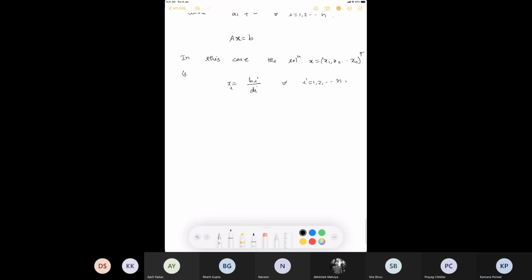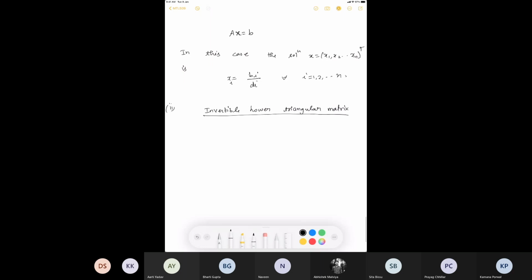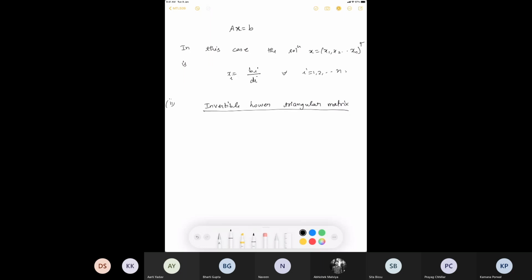Now, if we have A as, say, a lower triangular matrix, so we have invertible lower triangular matrix. That is, these matrices basically have this form.